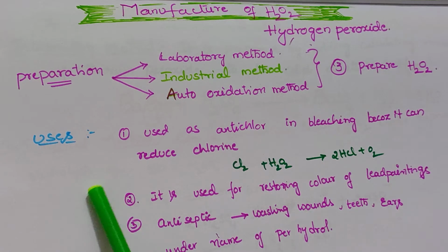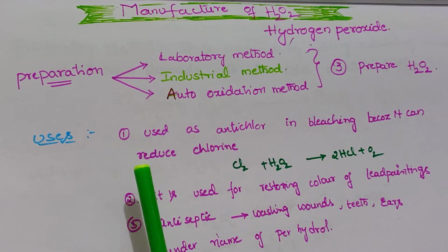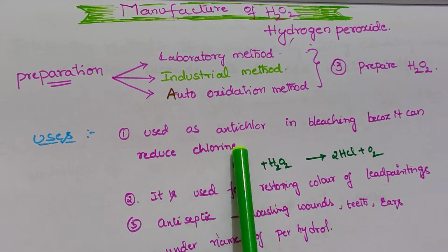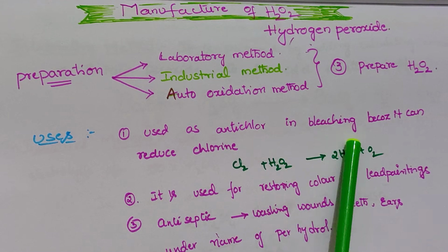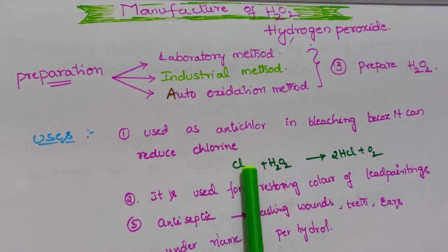And what are the uses of hydrogen peroxide? It is used as an anti-chlor in bleaching because it can reduce chlorine.